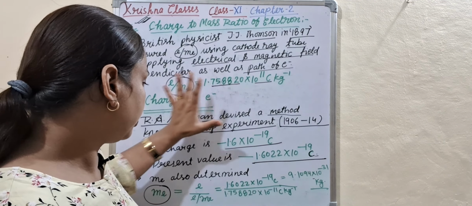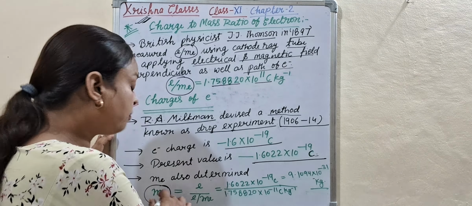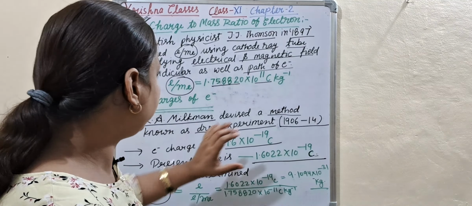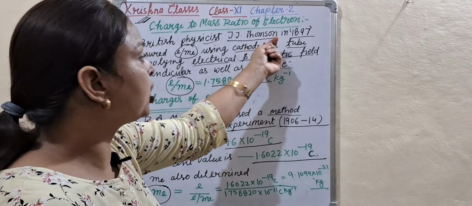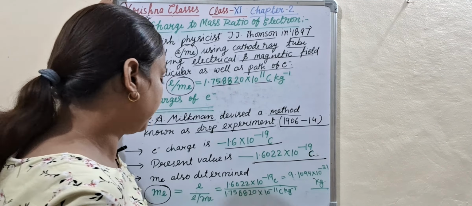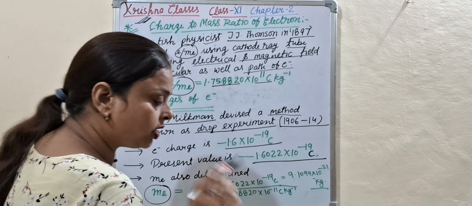Something else was also determined: the mass of electron. It was determined by combining J.J. Thomson's result and Millikan's method.